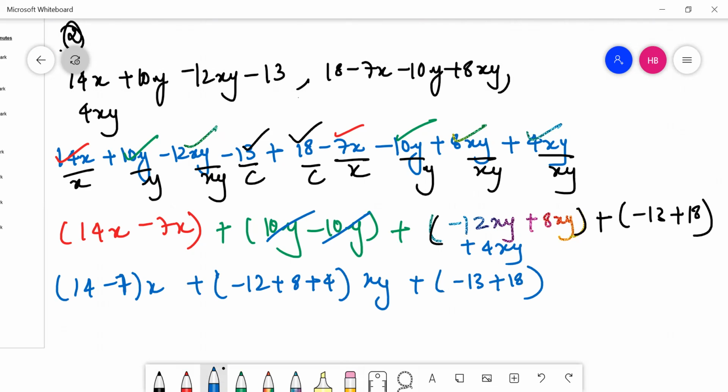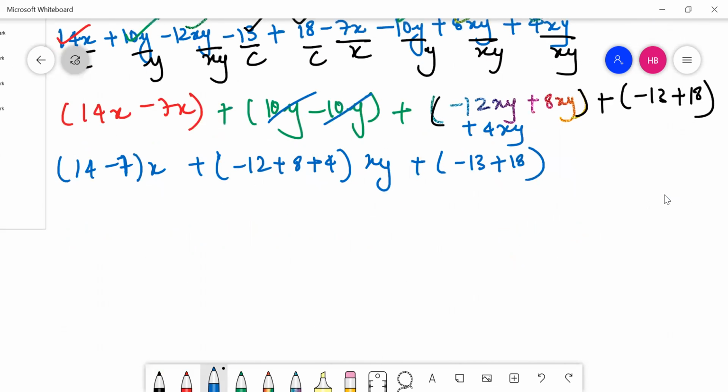So 14 minus 7 will give me 7, so it would be 7x. Minus 12 plus 8 plus 4 will give me 0, so 0 into xy will give me 0, and 18 minus 13 will give me plus 5. So 7x plus 5 is your answer.